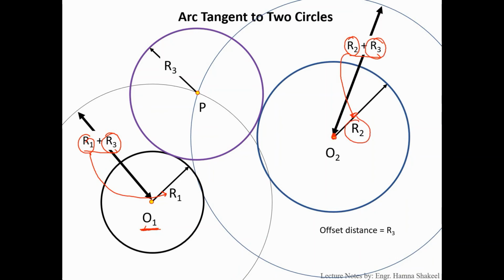Place your compass at this center point O2 and draw an offset. The point where the two offsets intersect each other is the required point that has the properties of both offset number 1 and offset number 2. And if you draw a circle of radius R3 at this point P, this circle will touch both of the circles at tangent point.